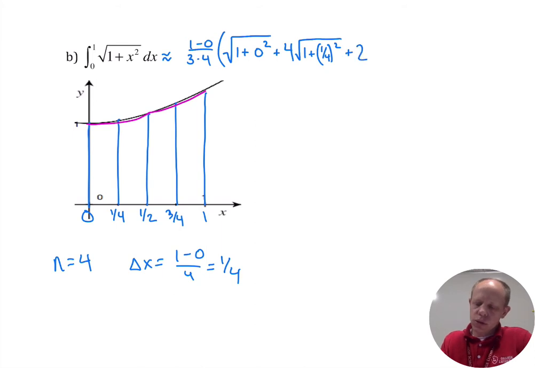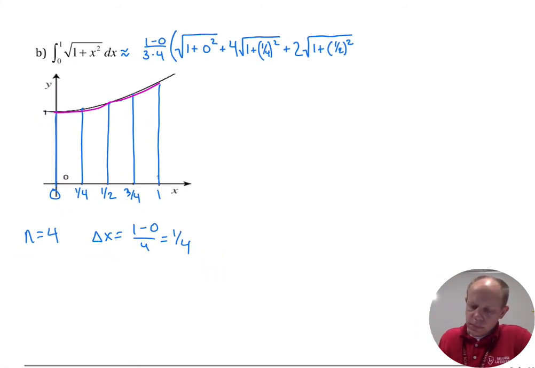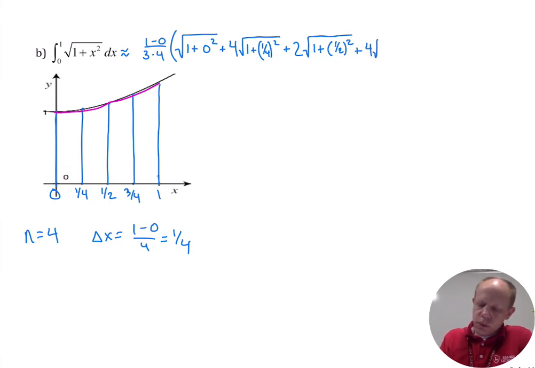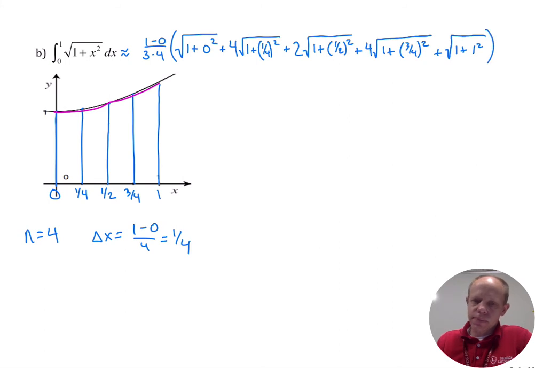And plus 2 square root 1 plus 1/2 squared. And I do use parentheses when I plug this in. Keep it straight there. And then we want plus 4 square root 1 plus, and now 3/4 squared. And then my last one will just be 1 square root 1 plus 1 squared.